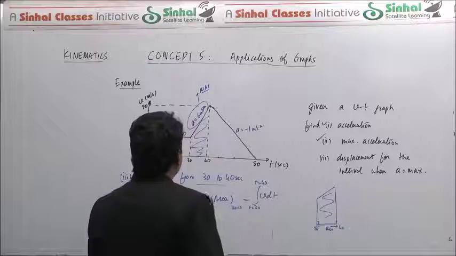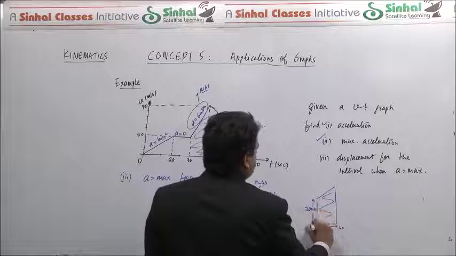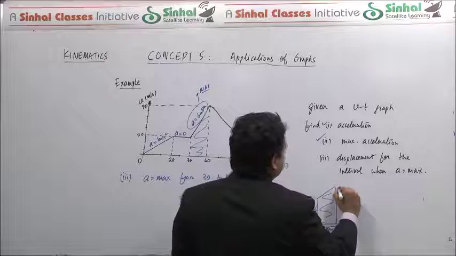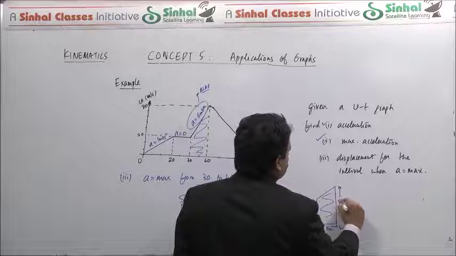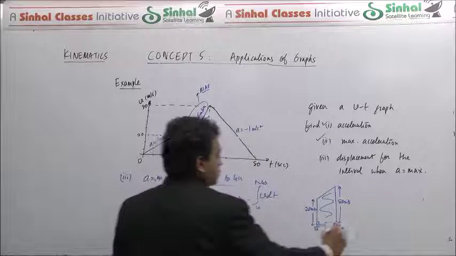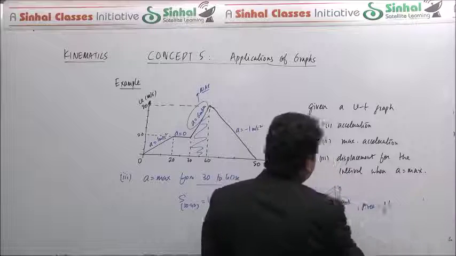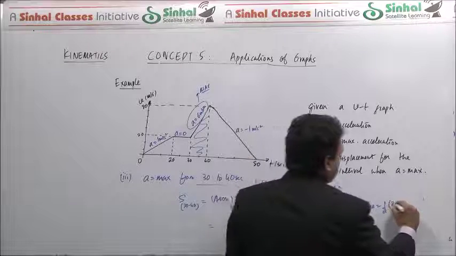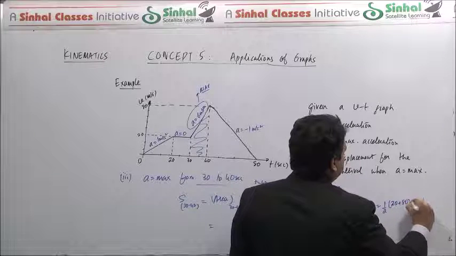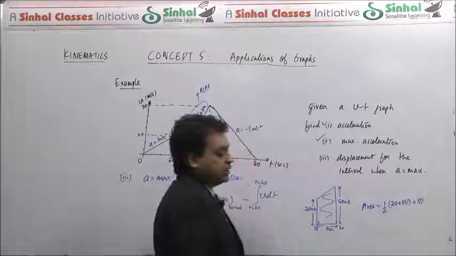Okay. And we can see that this is the initial velocity at this interval, which is 20, and this is the final velocity, which is 80. Okay. So area will be half into sum of the parallel sides, that is 20 plus 80, into the distance between them, perpendicular distance between them, which is 10.